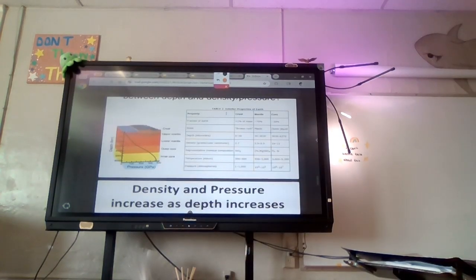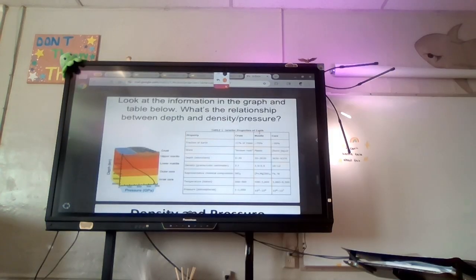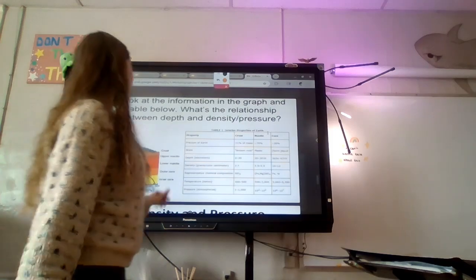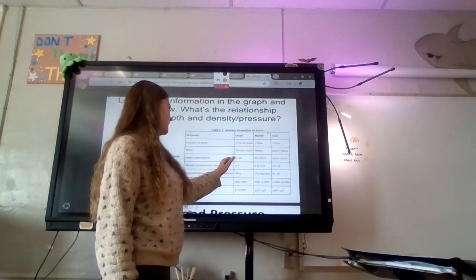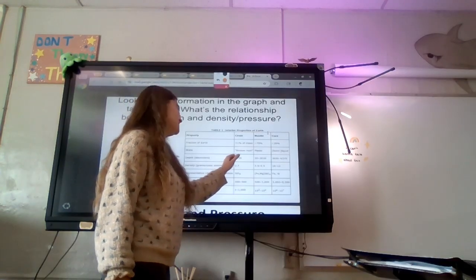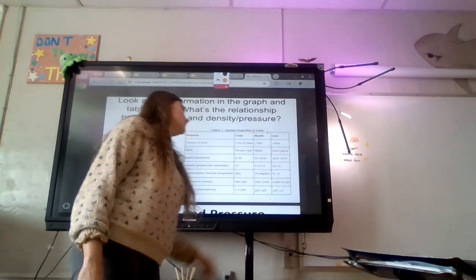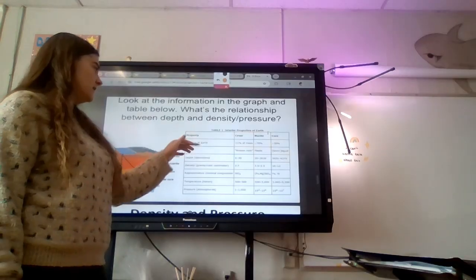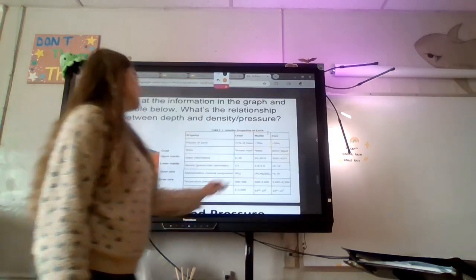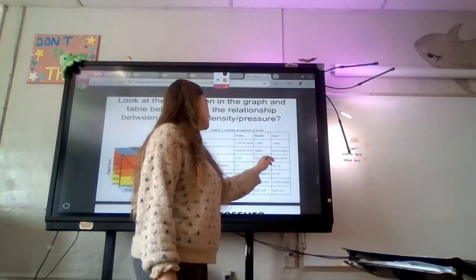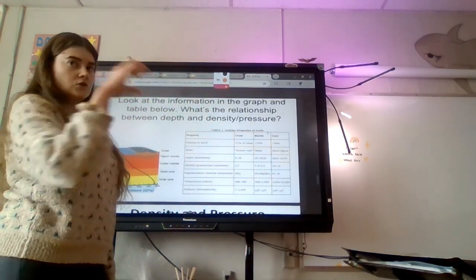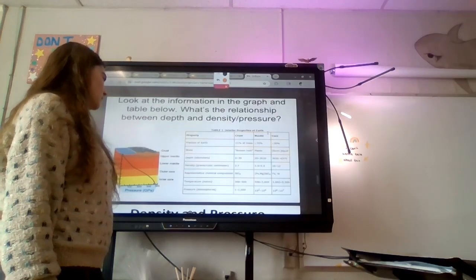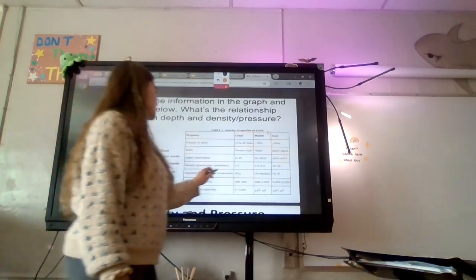So here is a little bit of a table between the crust, the mantle, and the core that compares and contrasts them. The crust is about 30 kilometers deep, and then 30 to 3,000 is the mantle. And then from the edge of the mantle to the core, so it's about 3,000 each layer, if that makes sense. And it shows the density.